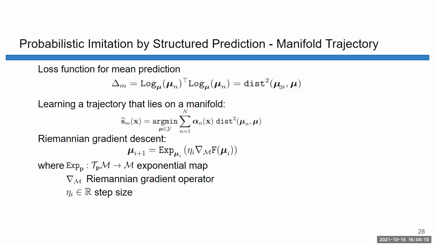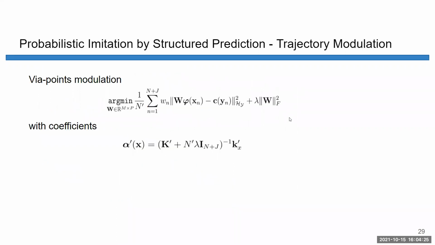And in order to solve the optimization problem, we need to use Riemannian gradient descent, which is a Euclidean gradient descent in the Riemannian space. Also, it is possible to modulate the trajectory by weighting the corresponding points that we want to adapt.